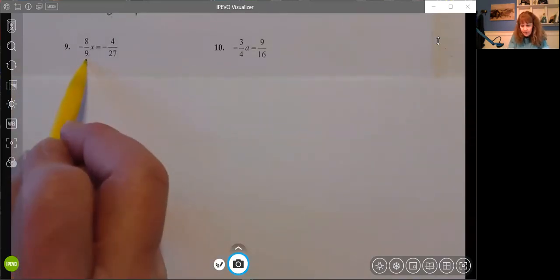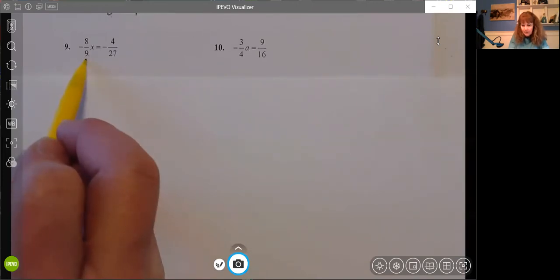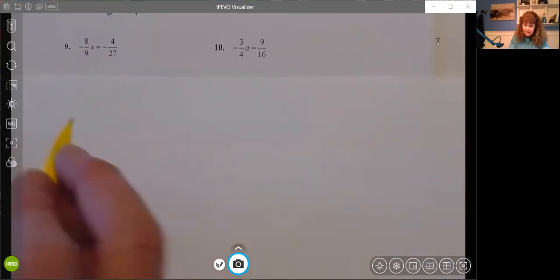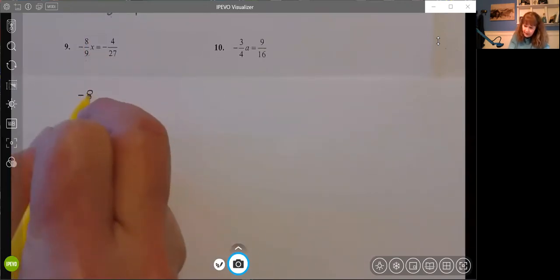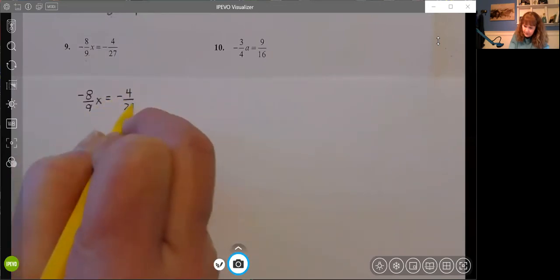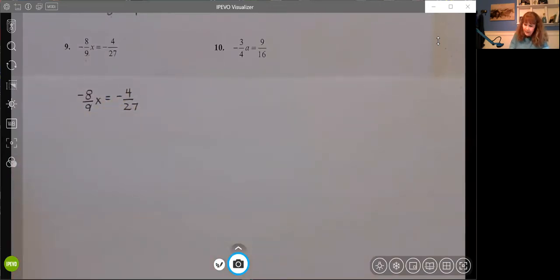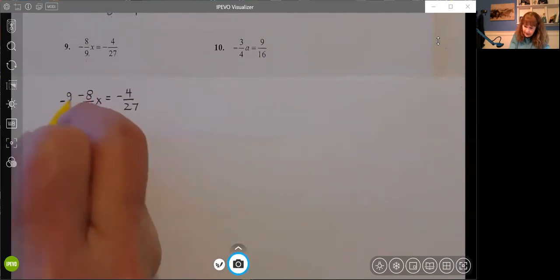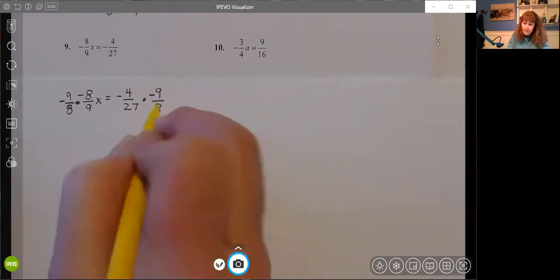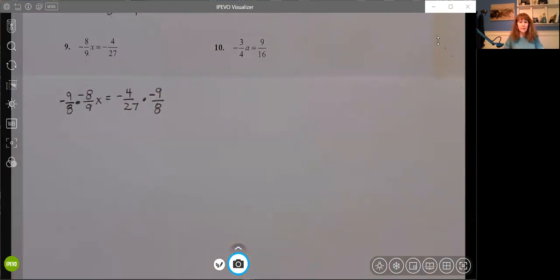Here I will multiply by a negative, okay, you keep the sign, a -9/8. So I have a -8/9 x. So I will multiply by a -9/8. So I'm multiplying by the reciprocal, and the reciprocals keep the same sign.